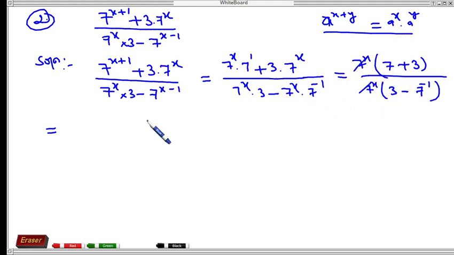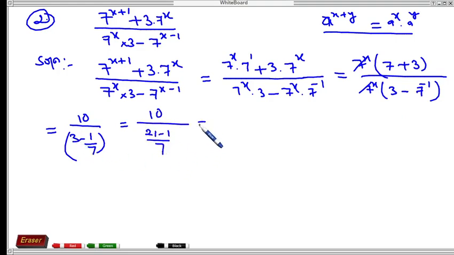So 7 plus 3 is 10, and 3 minus 1 by 7, as 7 to the power minus 1 is 1 by 7. So 10 divided by 7 threes are 21, minus 1, by 7, equals 10 divided by 20 by 7, equals 10 times 7 goes up, 7 by 20.